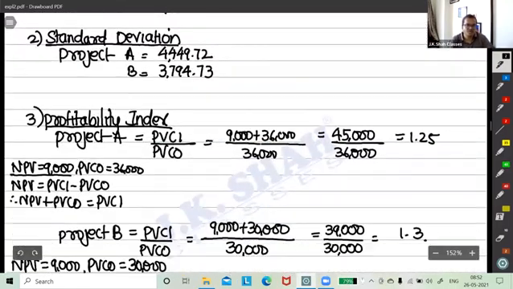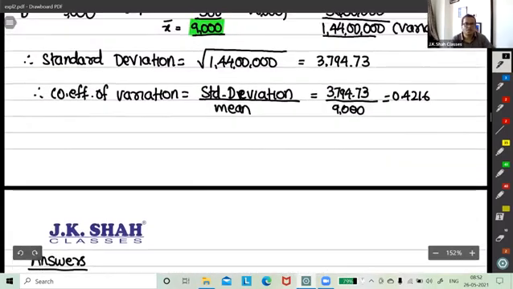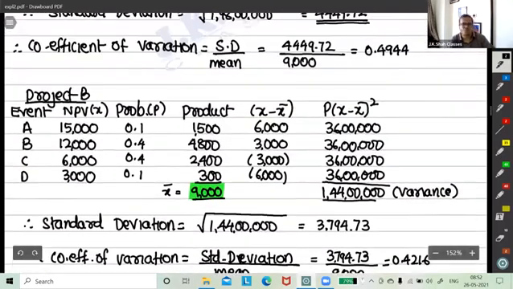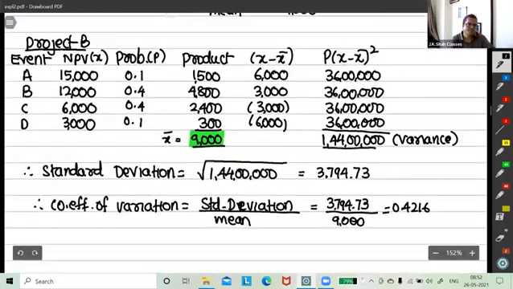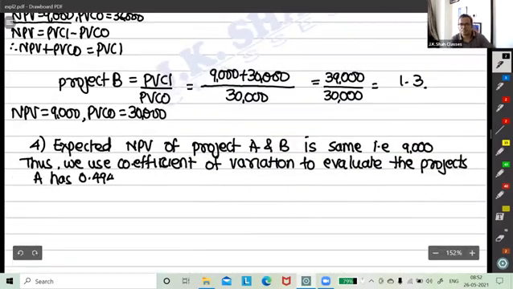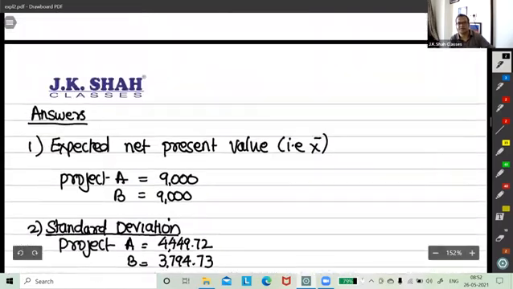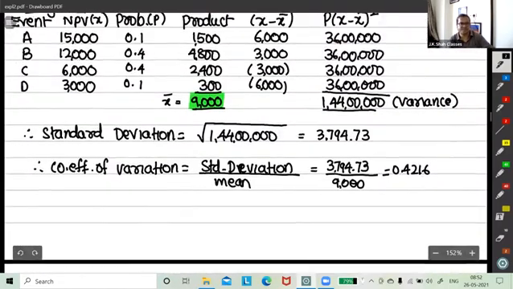We found our coefficients of variation: 0.4944, and 0.42 something, right? 0.4216.